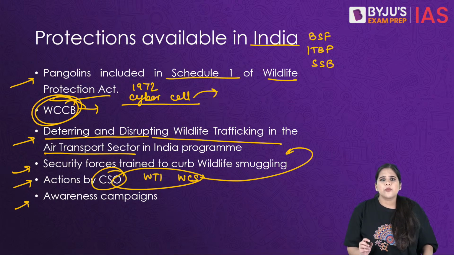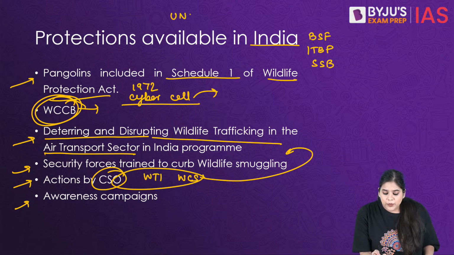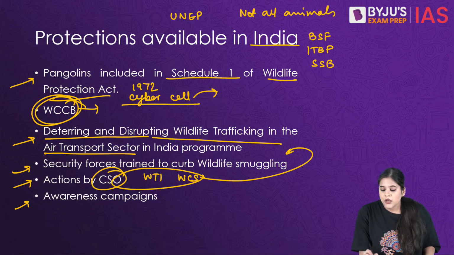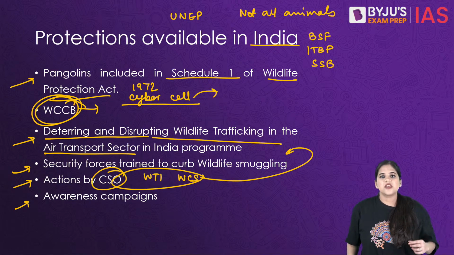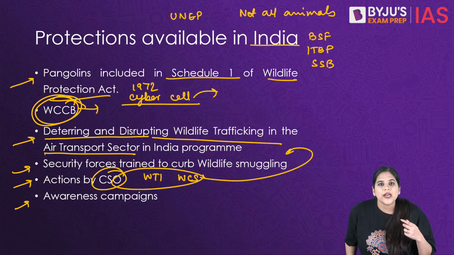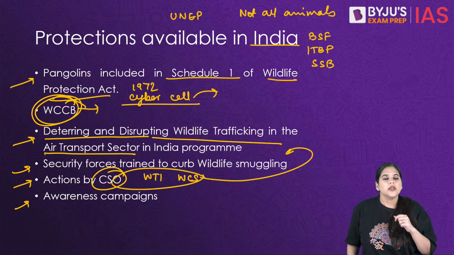One very good example is UNEP and WCCB's campaign, Not all animals migrate by choice. This is a program run by both these agencies to increase awareness regarding wildlife trafficking in the country.